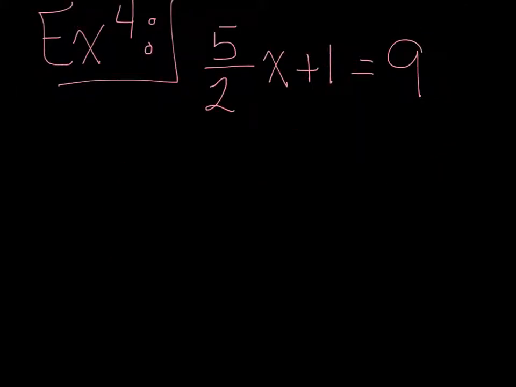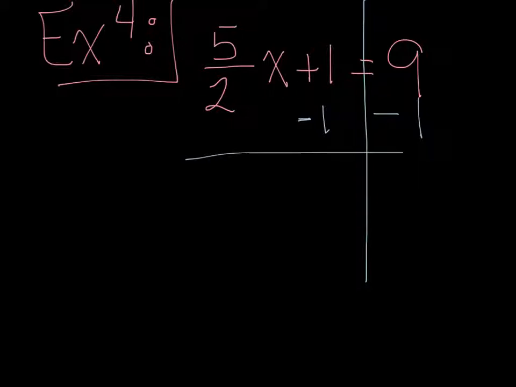Okay, here's our last problem. I have 5 halves x plus 1 equals 9. So here, draw my river. I'm going to start with the negative 1. So I'm going to subtract negative 1 on both sides. That makes this 0. And over here I end up with 8.